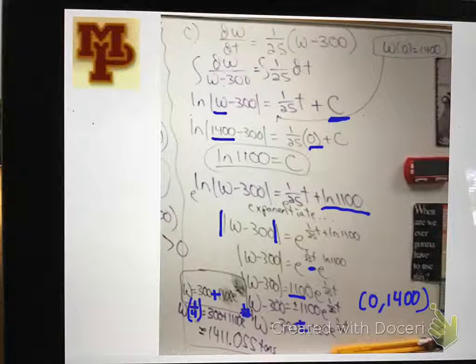Ooh, that's ugly. Anyway, better that I just state it. So 1 over 25 times 1/4, because we're just plugging it in, on the calculator, it turns out to be about 1411.055 tons.